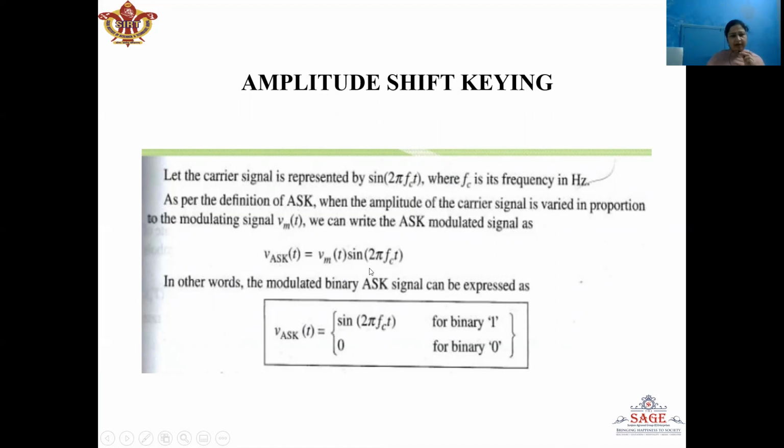Now, when the message signal is high, or represented by binary 1, the ASK signal is represented by sin 2πfct, which is the carrier signal. Whereas when the message signal is represented by binary 0, the ASK modulated signal is represented by no signal, that is given by 0.